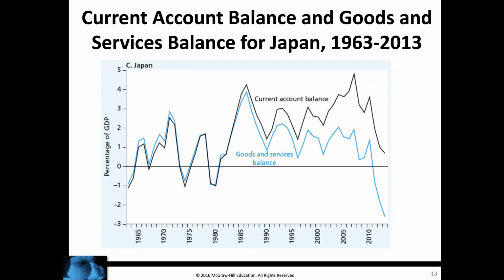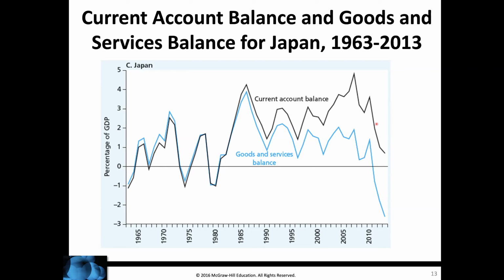Finally, this is looking at Japan, the same type of chart as we've seen in the previous two slides, where we're looking at the current account balance and goods and services balance over this 50-year period. You can see for some time from the early 80s until just recently, the goods and services balance was high, above zero as a percentage of GDP.